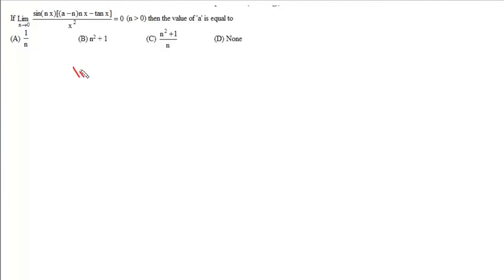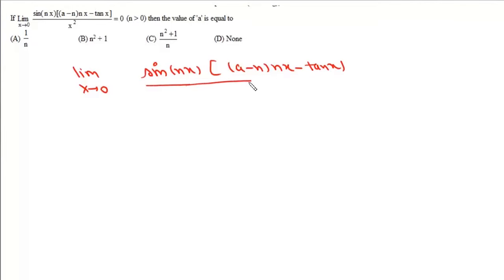Now here the question is, we are given that this limit x tends to 0, sin nx into this a minus n into nx minus tan x upon x square, it is equal to 0 for n greater than 0.